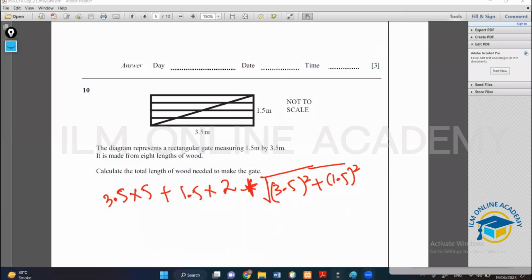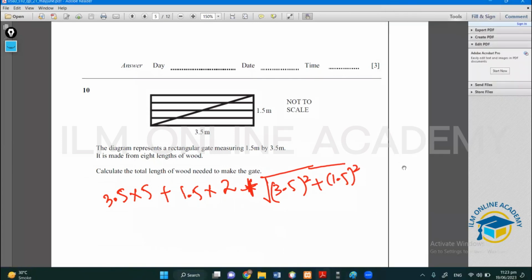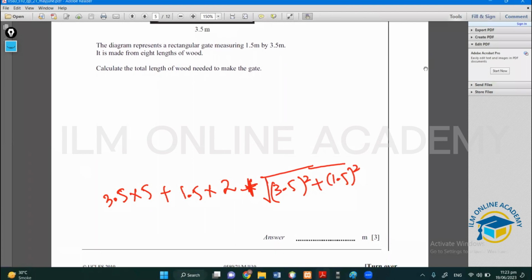Let's see what the answer is. The answer is 24.307.